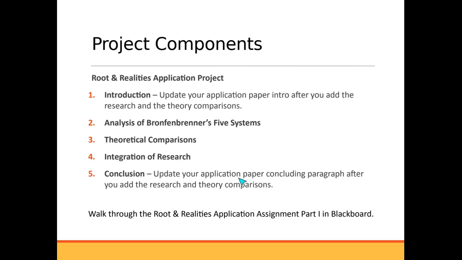And then in your conclusion, you need to update the conclusion you wrote in your original application paper for this final project to include also the research and the theory comparisons that you've added to it. It's also in this conclusion that you really need to emphasize the big picture of why it's important to understand developmental theories and why what we've learned about Bronfenbrenner's theory can go on to help make better educational systems or community resources or however else you can think of.